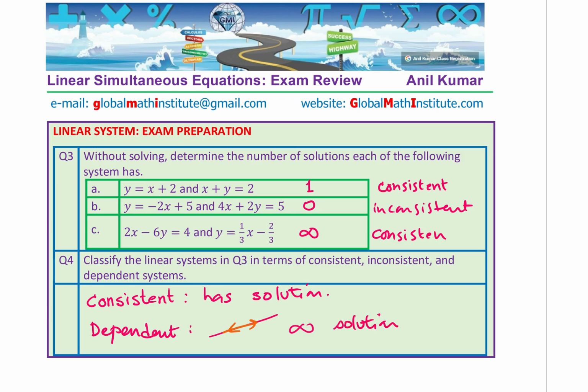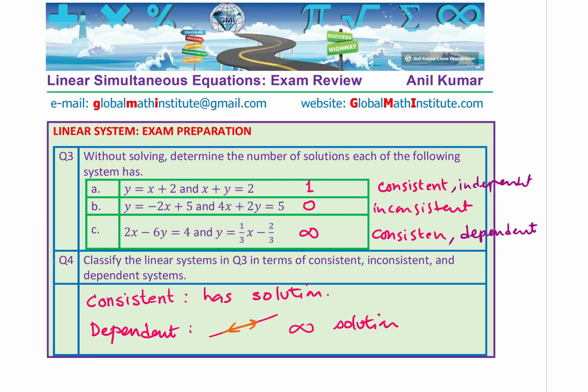The other case is independent. So the first one is independent and the last one is dependent. So that is how we classify a system in terms of consistent, inconsistent, and dependent systems. Perfect. So I hope you have understood these strategies.